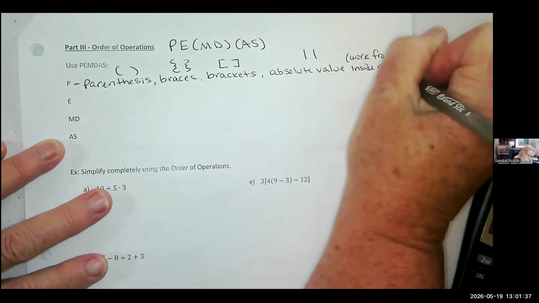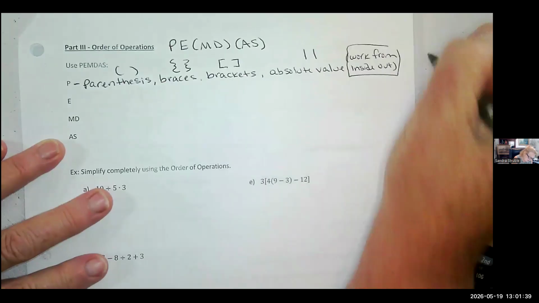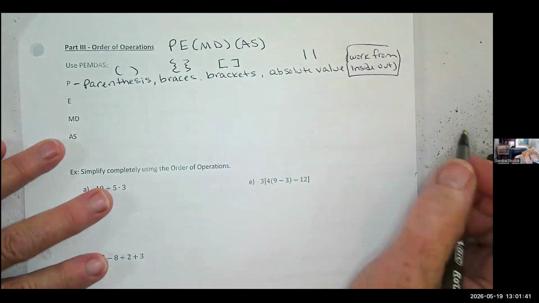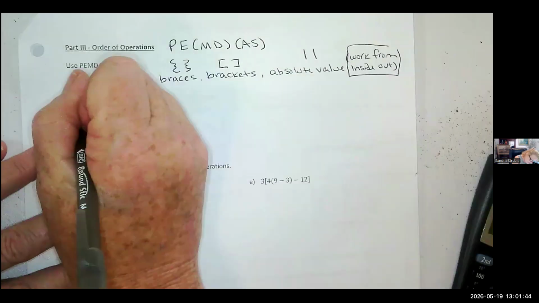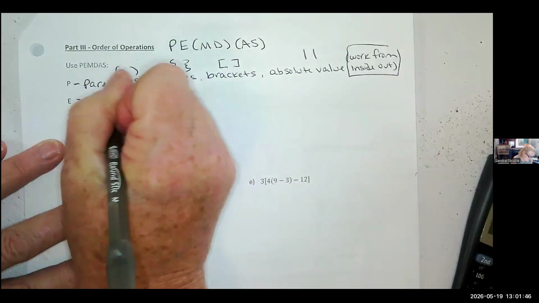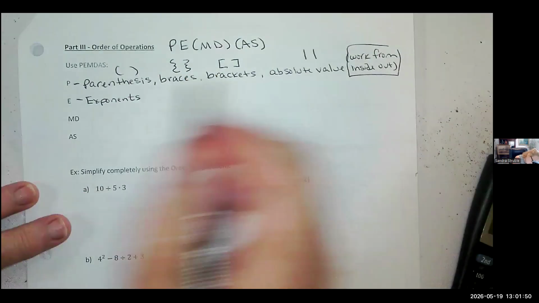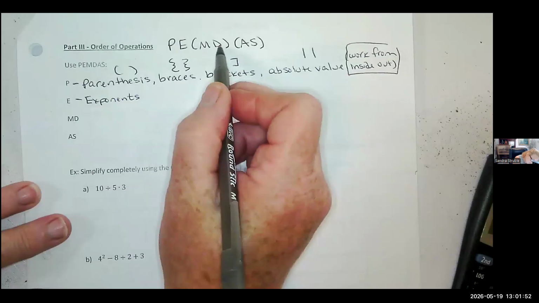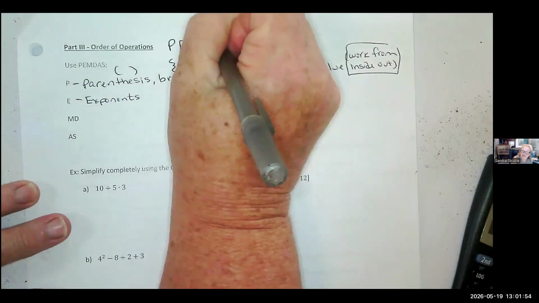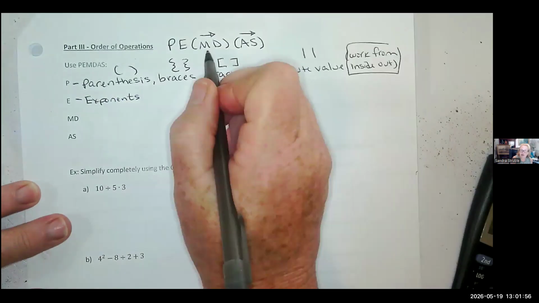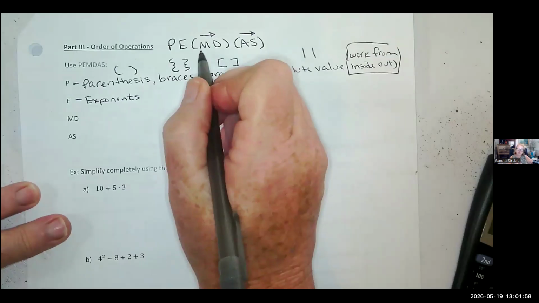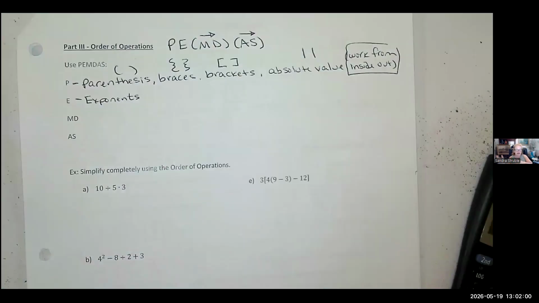All right. The next one is exponents. There's nothing exciting about that other than don't forget your parentheses if needed. Now, I like to write it like this, but I put arrows over them. What does this mean? It means multiplication or division, whoever shows up first from left to right in the equation or in the expression.